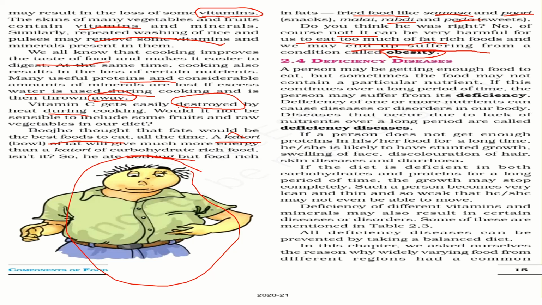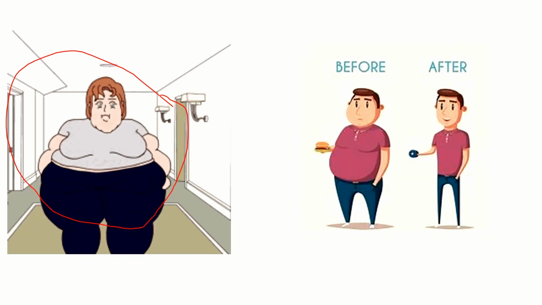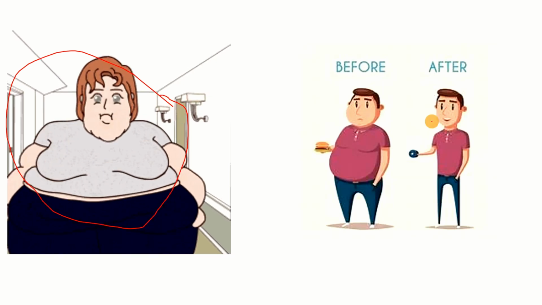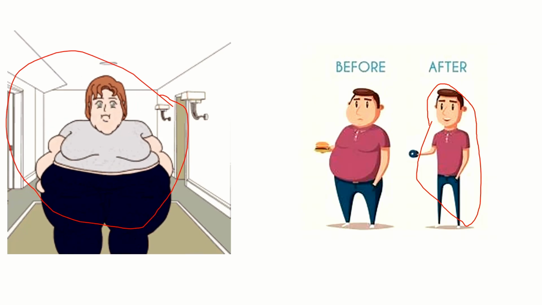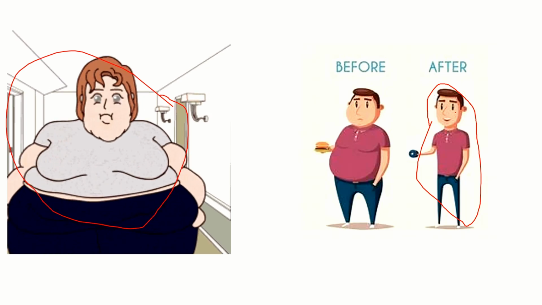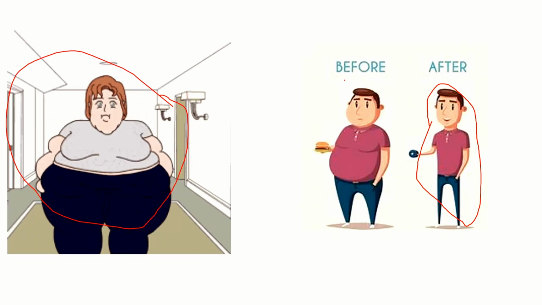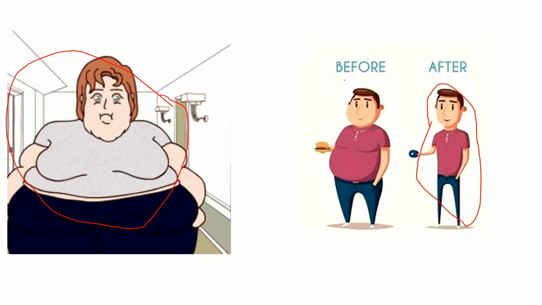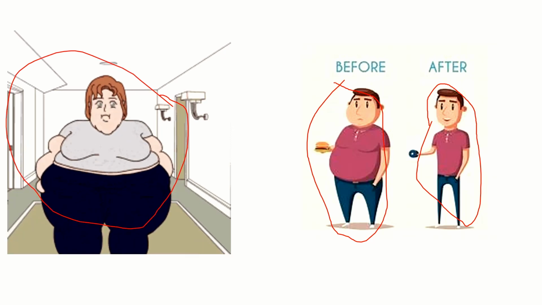After eating more fat-rich food, we may get obesity. Obesity means you will look like this. When you are on a diet, you will look slim, like a hero or heroine. After eating more outside food or deep-fried food, you will look like this, fat.